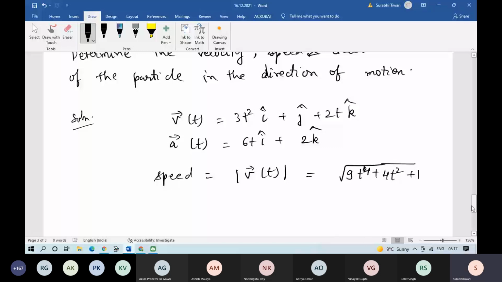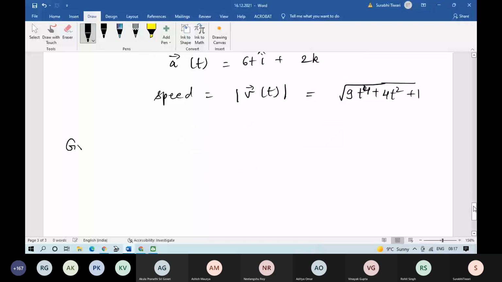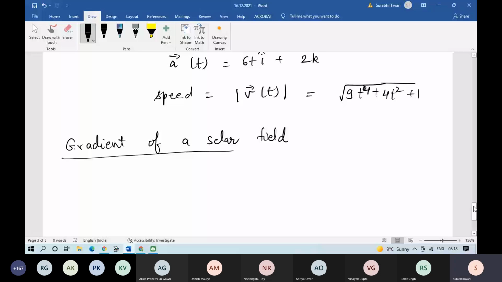Now comes the gradient of a scalar field. For this we need the del vector. This is i ∂/∂x + j ∂/∂y + k ∂/∂z, defined as the del vector.